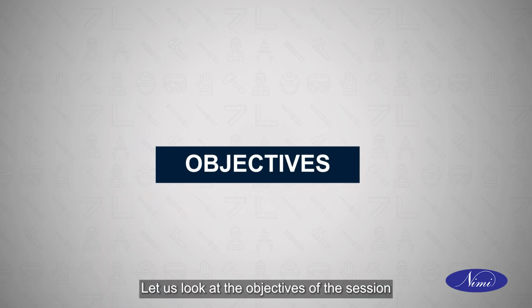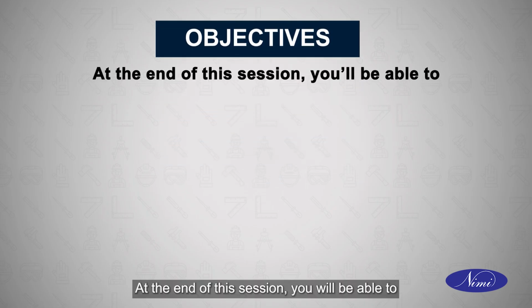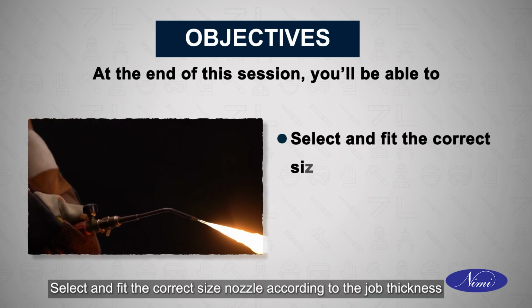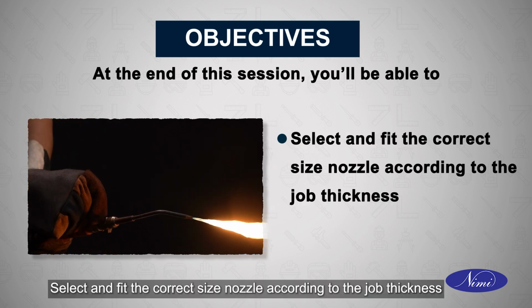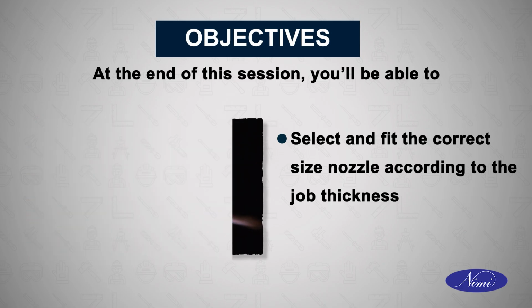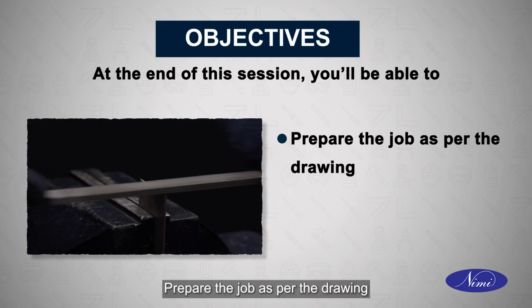Let us look at the objectives of this session. At the end of this session, you will be able to select and fit the correct size nozzle according to the job thickness. Prepare the job as per the drawing.